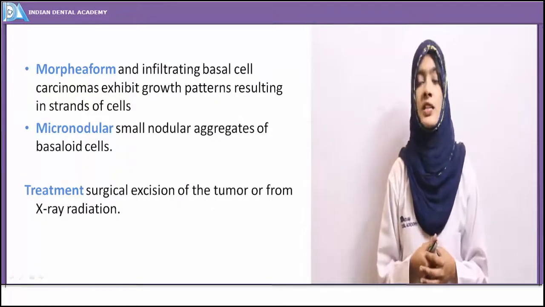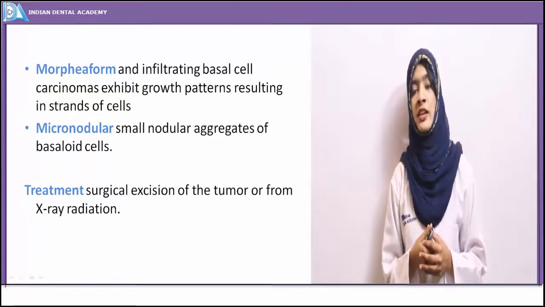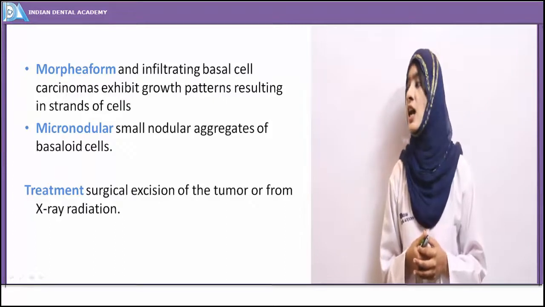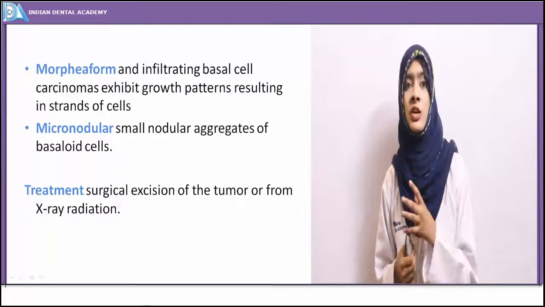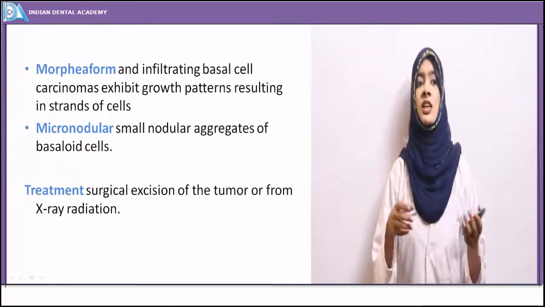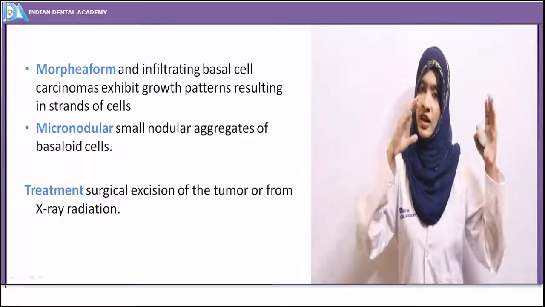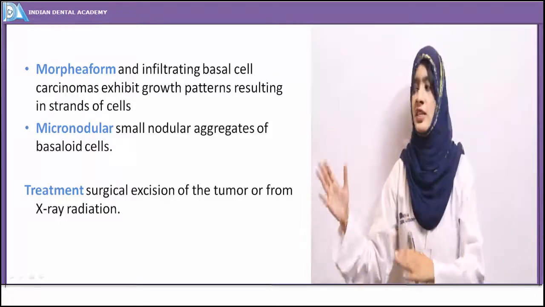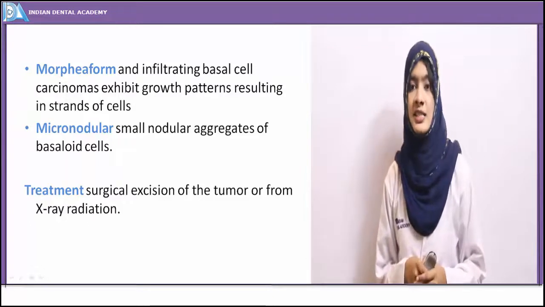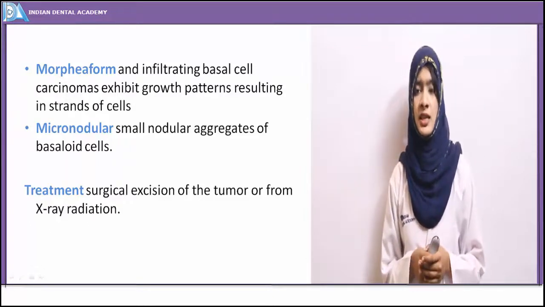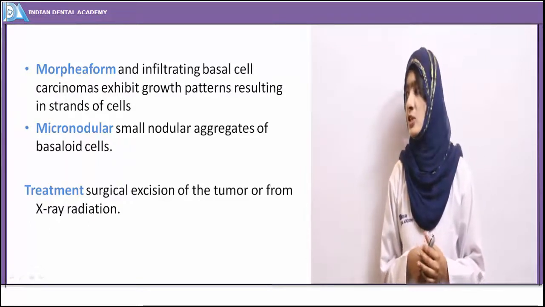The morphiform, as I told you, is a very aggressive variety, so characteristic features of invasion may be present, and the carcinomas exhibit different growth patterns, resulting in the tumor cells being arranged in different nests or strands of cells.